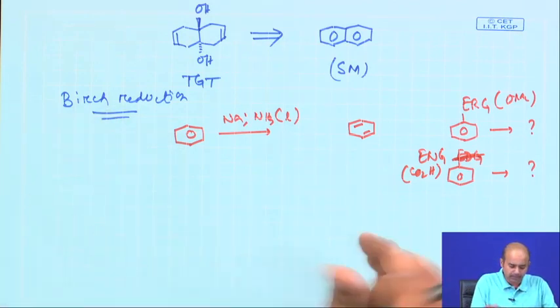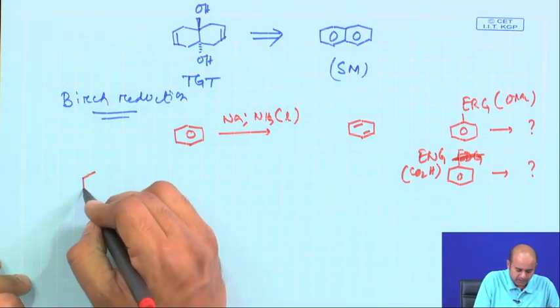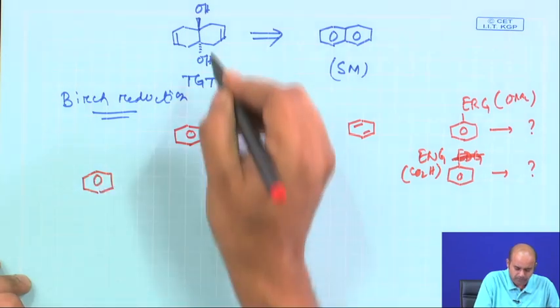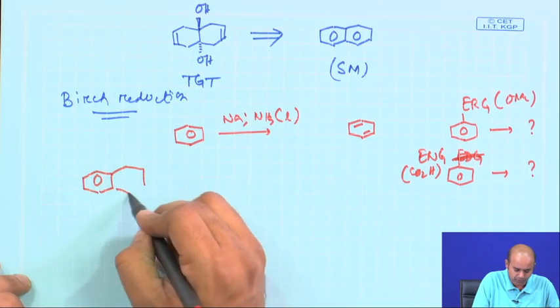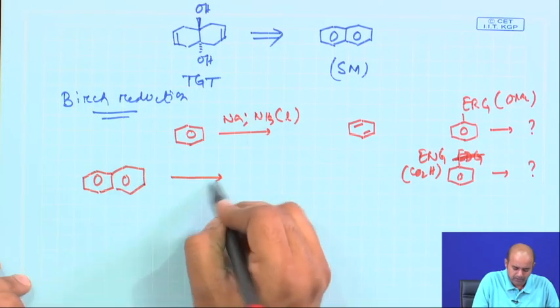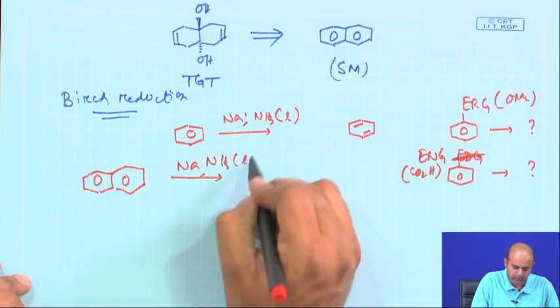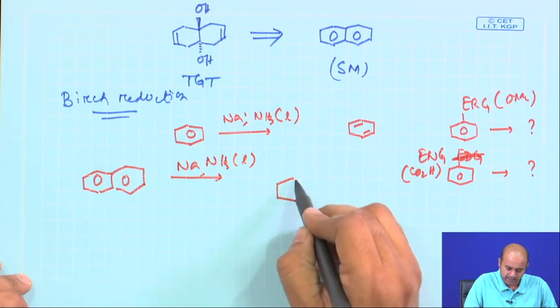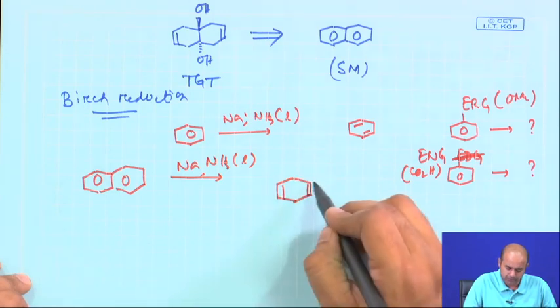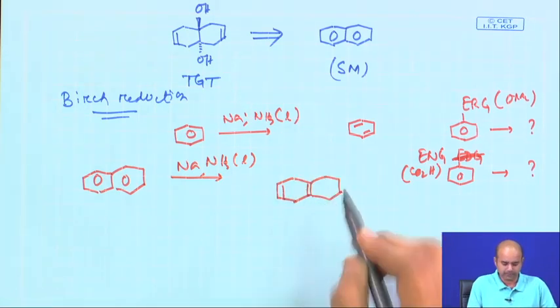Now, coming to the problem, the initial target was the molecule drawn here. You are given naphthalene, subject it to sodium in liquid ammonia, and for the naphthalene case you will get this kind of compound.